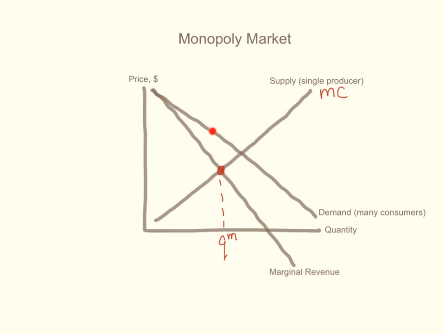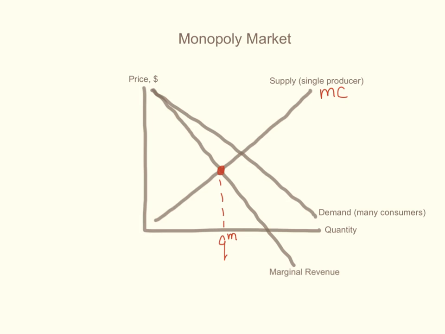So remember, the demand curve tells us the relationship between the price of a product and the quantity that consumers are willing to buy of that product. If the monopolist charges too high of a price, then she won't be able to sell all of the QM units she produces. If she charges too low of a price, then the demand is going to be greater than QM, and she'll have long lines outside her store. So she's going to figure out exactly the right price to charge, the maximum price that she can get away with.